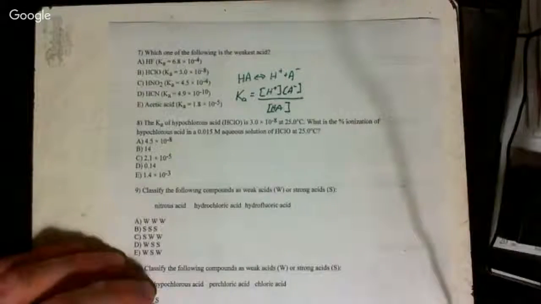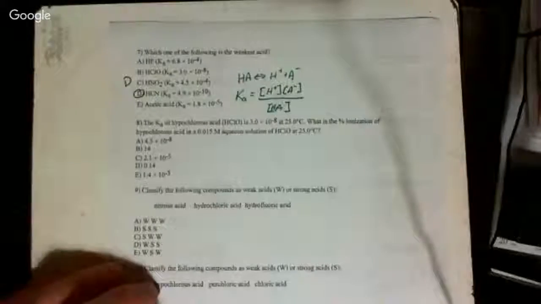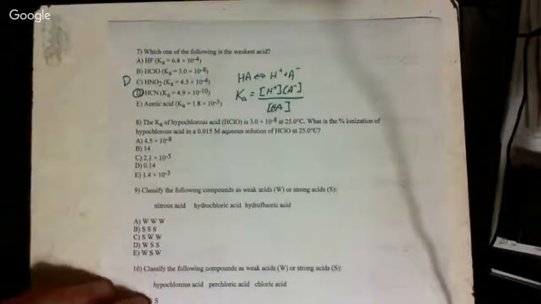If it's a weak acid, I'm not expecting much H plus, which would make my Ka values very small. And so the weakest acid is going to be the one with the smallest Ka value. The best answer for that is going to be D, HCN, because the Ka value there is just 4.9 times 10 to the negative 10th.